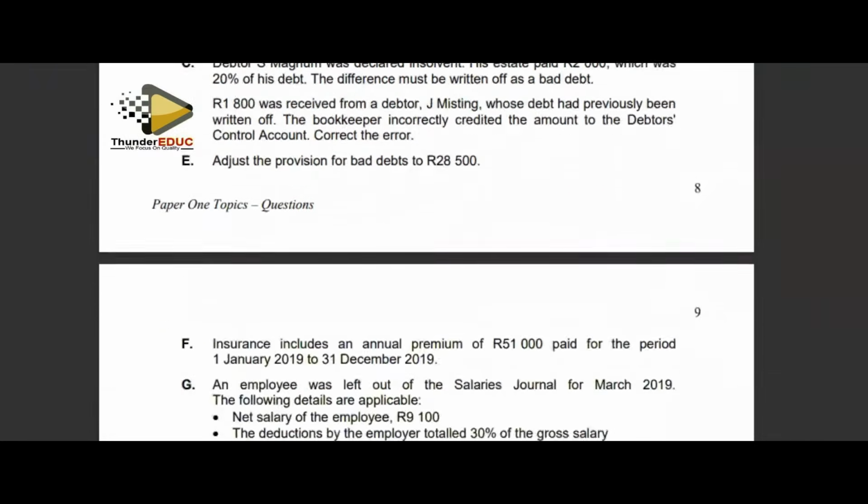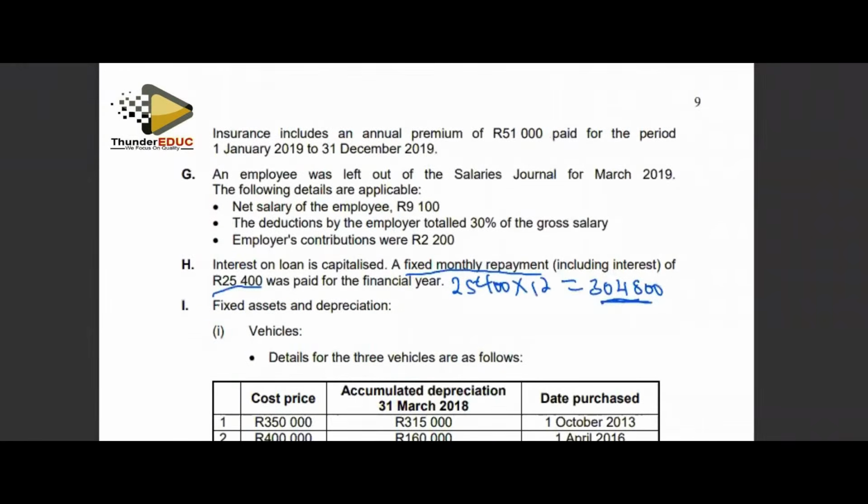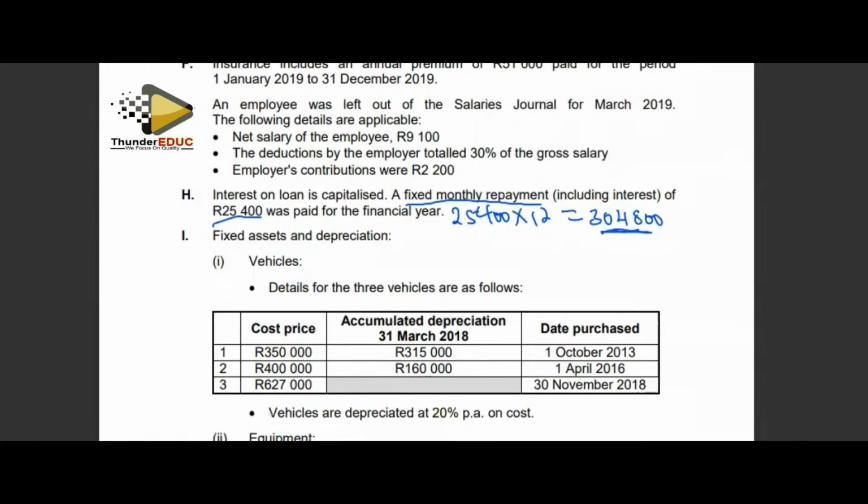Now, we have to look at how much was the depreciation for the current year. I'm saying we are going to do it as we do the PPE, the property, plant, and equipment. We shall get this from the PPE and bring those figures.